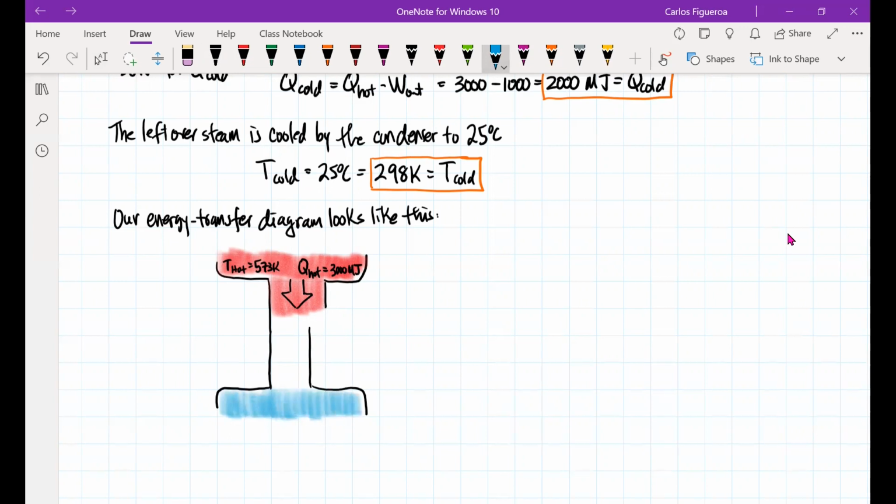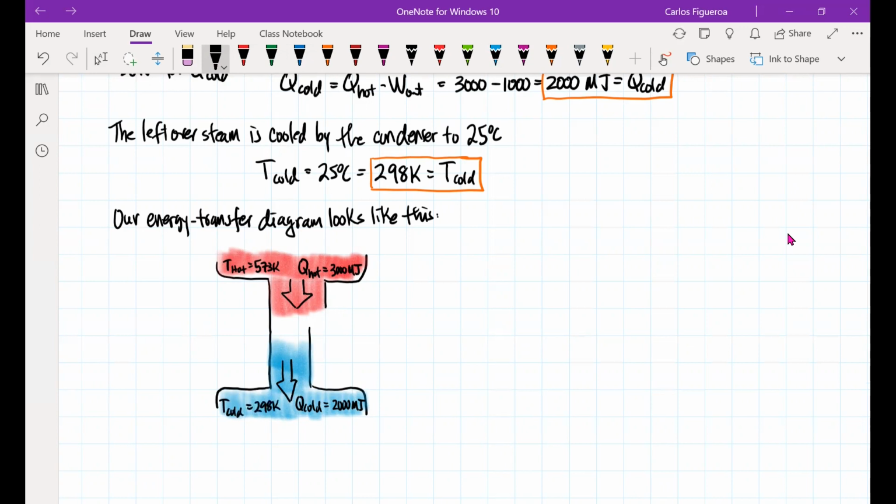So how much heat is actually going through the condenser, into the condenser? Well, according to this is Q cold. And how much goes? This is the wasted energy of this plant.